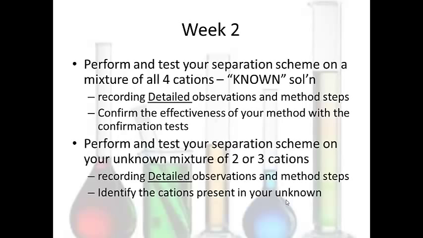Once you are successful, you will then perform the same scheme or any modifications that you had to make on your unknown solution, which will be either 2 or 3 cations in your unknown. Again, you have to record very detailed observations and method steps, and then using the results of your confirmation tests, you will identify what cations were present in your unknown.